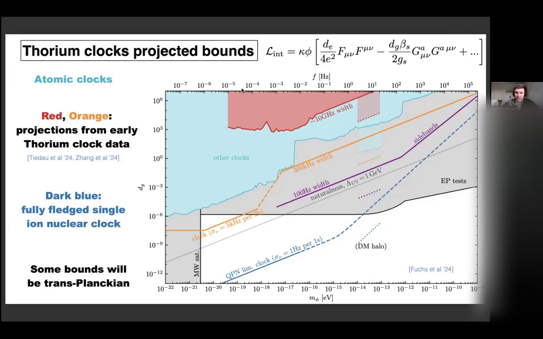Very importantly, some of these experimental setups are so sensitive that they might probe couplings which are weaker than gravity, so essentially trans-Planckian scales. So this is very exciting. And for this reason, we need, as theorists, to make some types of prediction, and we try to make a first step in this direction.